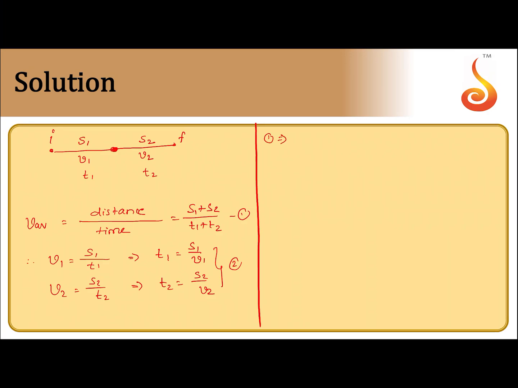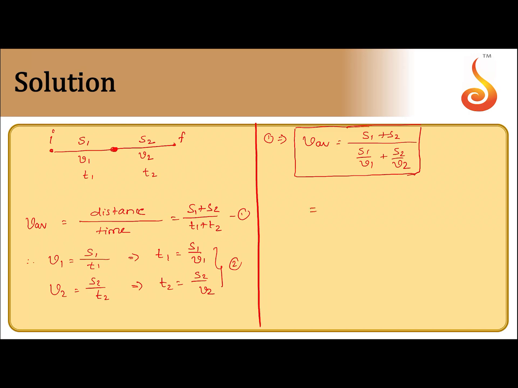So, equation 1 takes the form: average speed is equal to S1 plus S2 divided by S1 by V1 plus S2 divided by V2. So, this is how I calculate the average speed if two distance intervals are given, in terms of velocities.